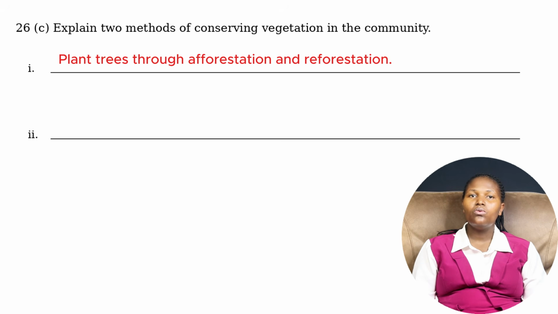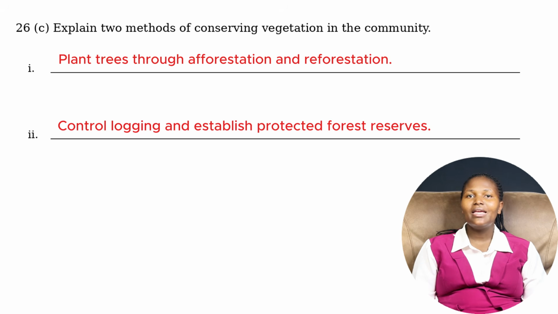You can talk about controlling of logging and establish protected forest reserves. So control logging will help to prevent people from cutting down trees. And other methods, you can talk about preventing fires and educating communities about the importance of vegetation conservation.